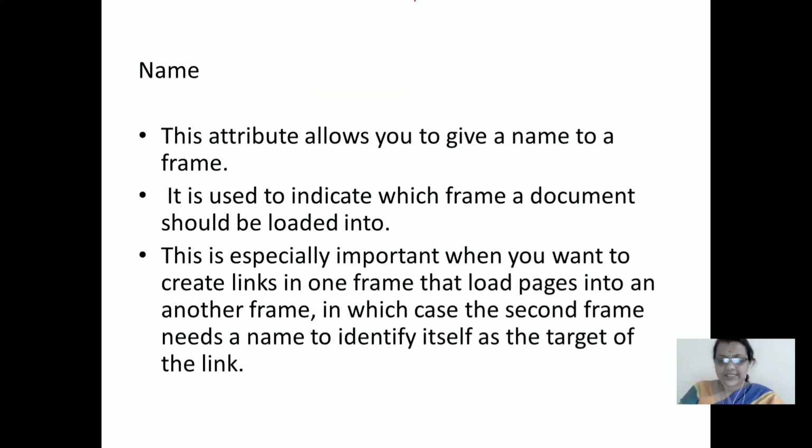And after this, now I divided my window into separate frames, so now I can give another option. I can give frame names also. The first frame I can give as frame 1, frame 2, frame 3, like that. For that we are using the attribute name. This attribute allows you to give a name to a frame. It is used to indicate which frame the document should be loaded into.